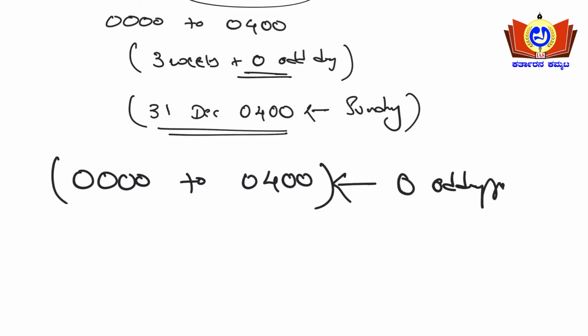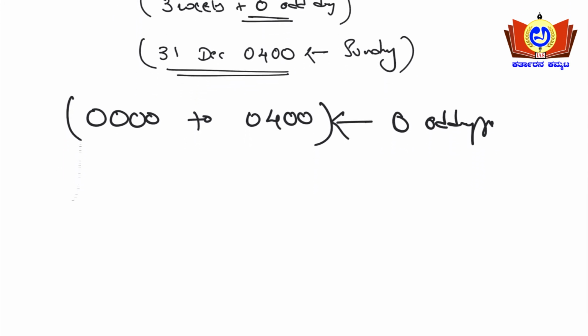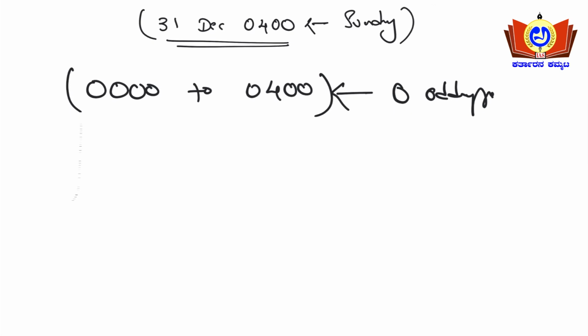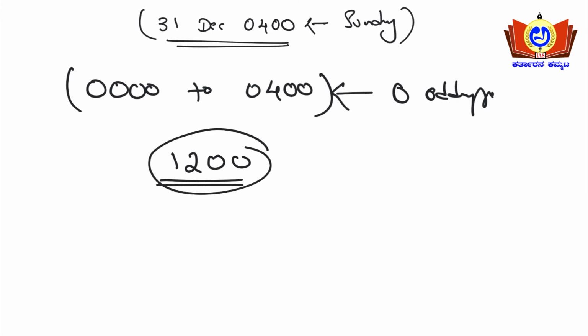Yes or no? Similarly, if the question asks you to find how many odd days will be there in 1200 years, we know that for every 400 years there are 0 odd days. So 12 is a multiple of 4, 3 times.